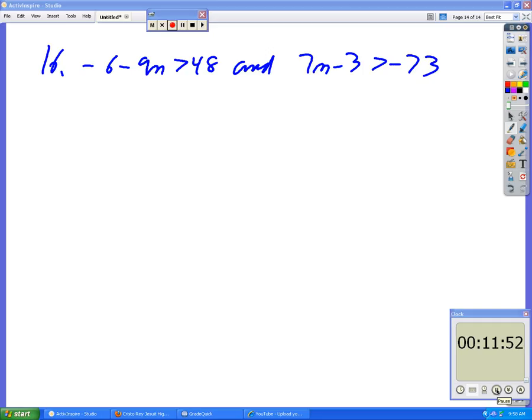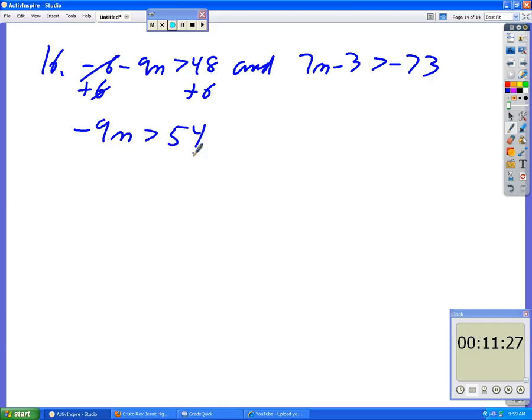Okay, 16. Now, we do it exactly the same. We got an and rather than or, which affects the graphing, doesn't affect solving. We do each side by itself. How do I do this one? Move the 6 to the other side. The n is here on the left, no n's over here. Plus 6, plus 6, -9n is greater than 54.